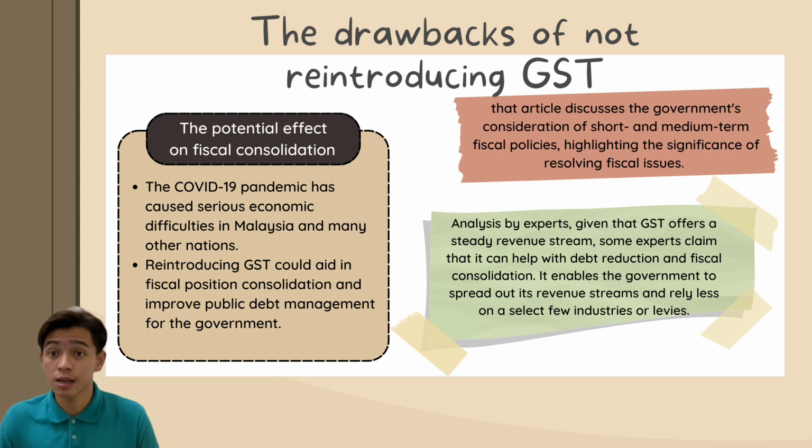For the evidence, the article mentions that the government is considering fiscal measures appropriate for short and medium term needs, indicating the importance of addressing fiscal challenges. And for the expert analysis, some experts argue that GST can contribute to fiscal consolidation and debt reduction. It allows the government to diversify its revenue sources.